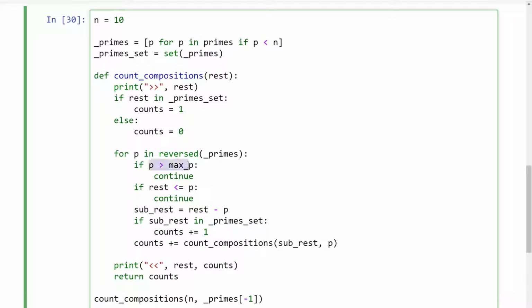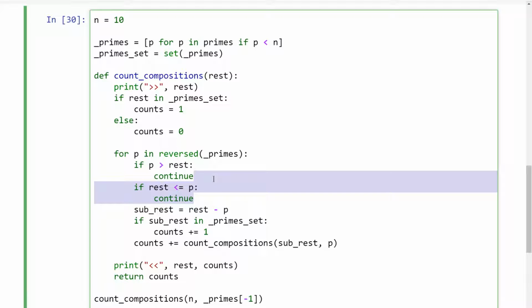This is okay for now, but I think we will probably have to optimize this when the n gets larger. We're starting at, I don't know, 1,000, even though we're looking at rest equals 5, we don't need to go through all the primes above, which are huge. So yeah.